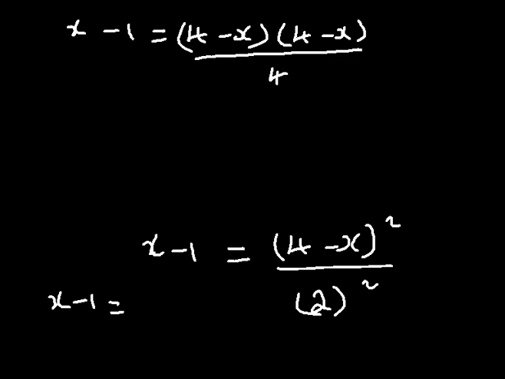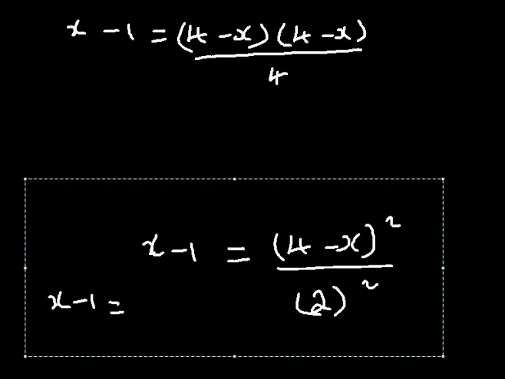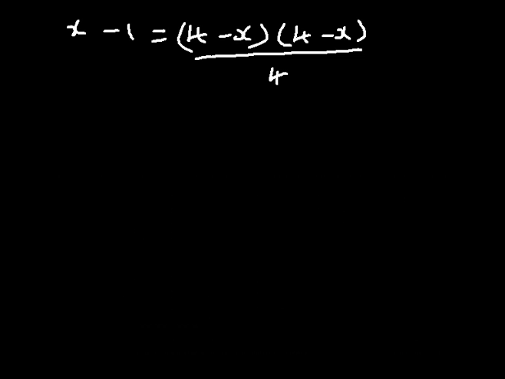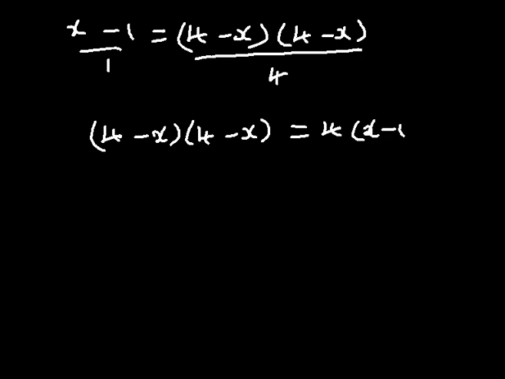Then from there, we cross multiply. So 1 times this gives x minus 1 on one side, and we have 4 minus x times 4 minus x, which is equal to 4 times x minus 1.